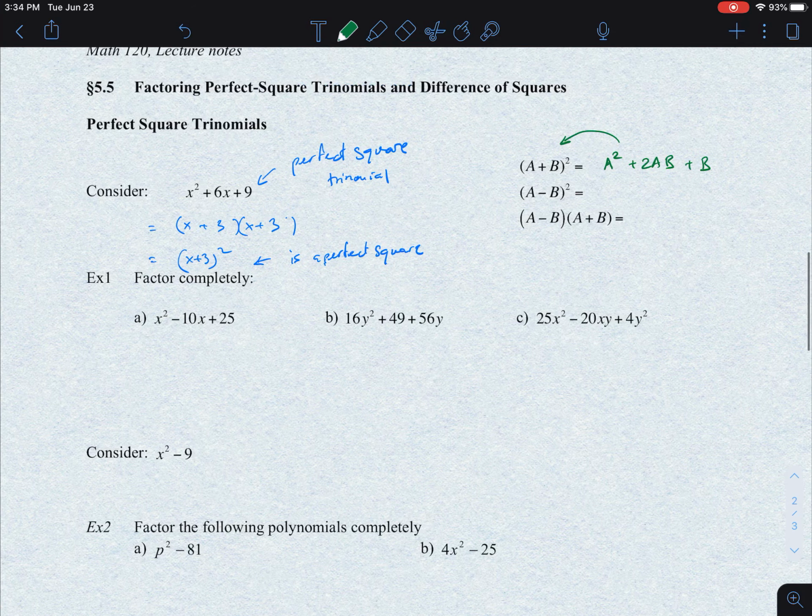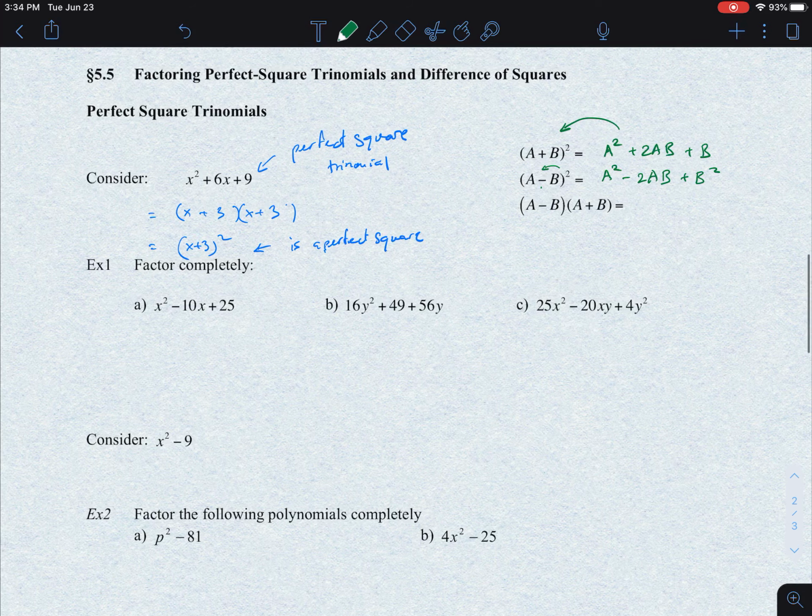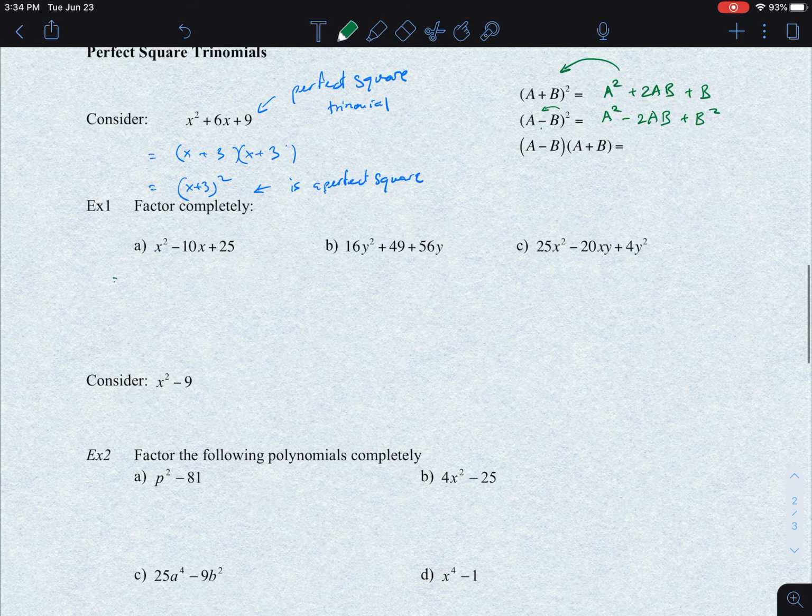And if we have the trinomial where there's a minus in the middle, where the middle term is minus 2ab, then the factor would be a minus b squared.